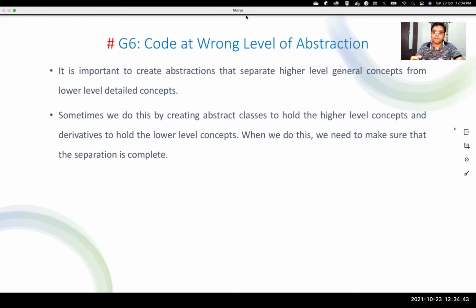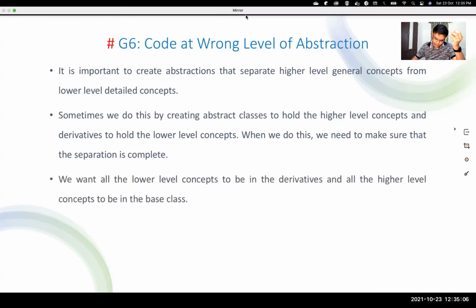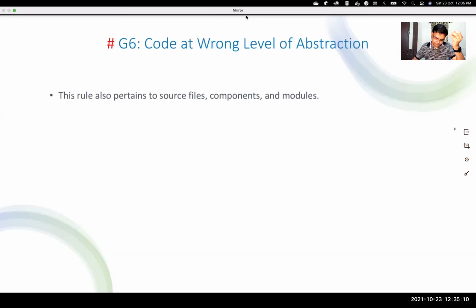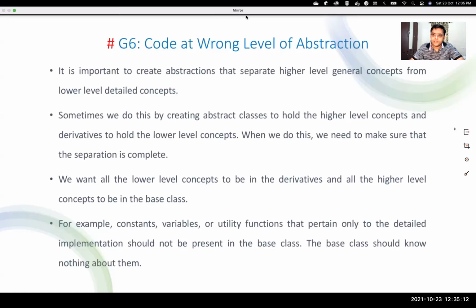So we have a base class and abstract classes, or we have implementation classes, that we have learned. Whenever we are using lower level concepts, we need not put those kinds of things in the abstract classes. For example, some places I need a particular variable.